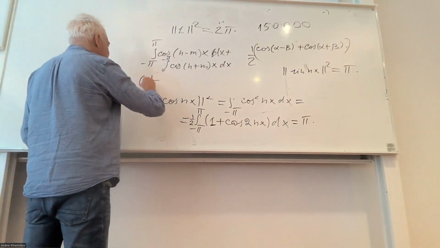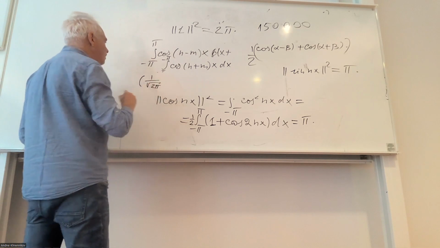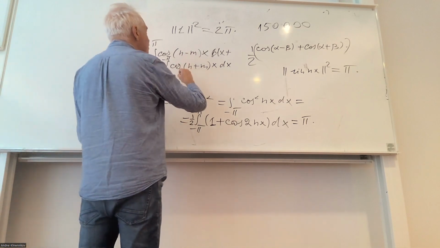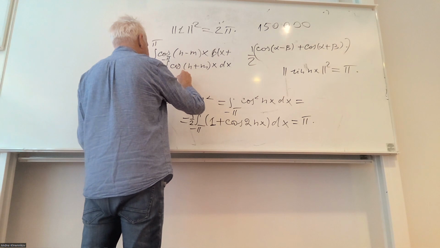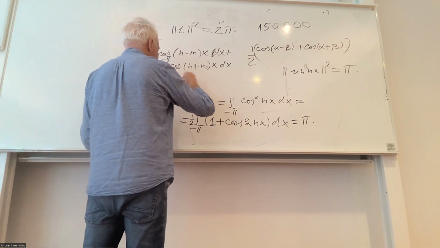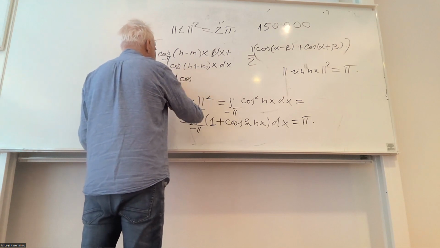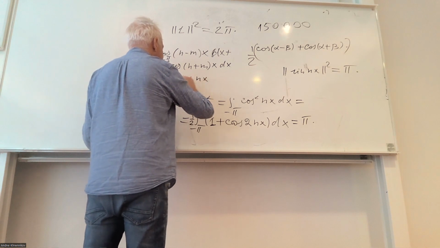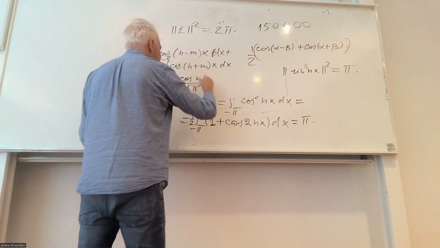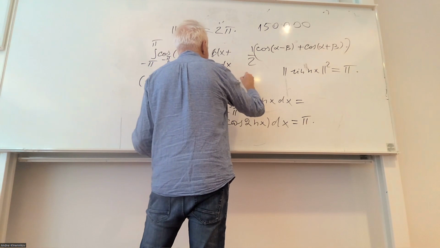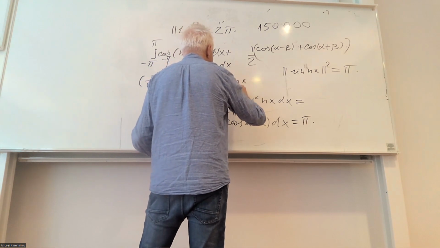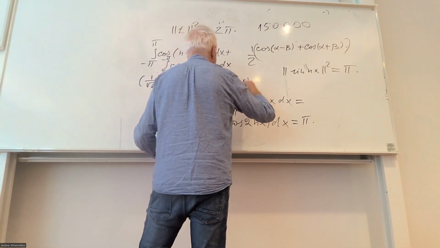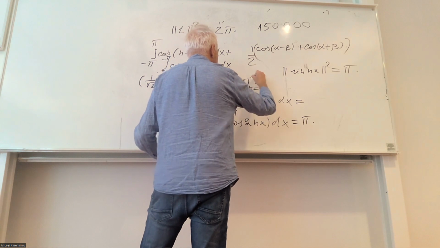So 1 divided by square root of 2 pi. Then cosine mx divided by square root of pi, sine mx divided by square root of pi, for m from 1 to infinity.